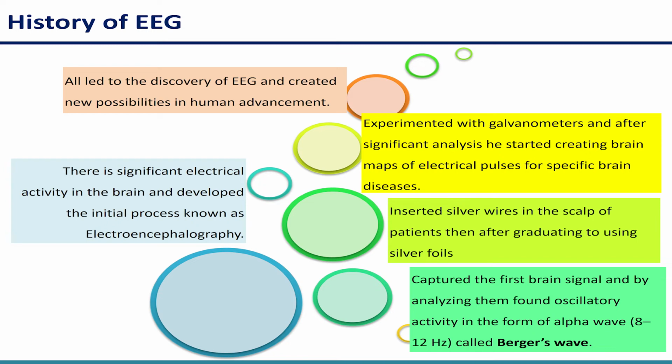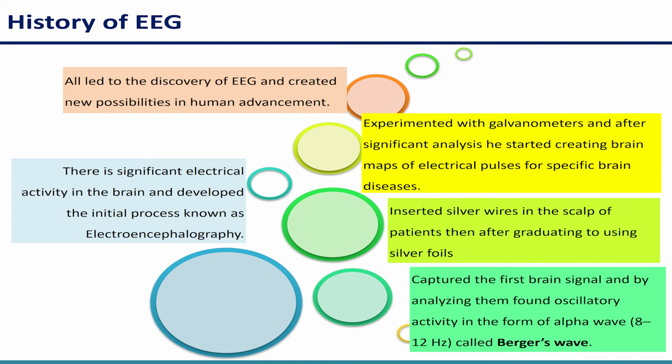The electroencephalogram is the name of the device. But when we do this measurement on human persons and read the neural activities, it is called electroencephalography.